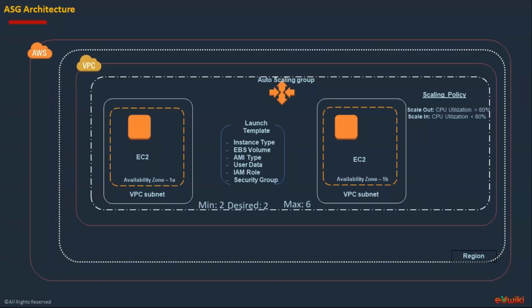AWS is already monitoring your CPU using the CloudWatch metric, and you define the CloudWatch alarm saying 80% is my cutoff. Then AWS will start looking at the CPU utilization of your server based on the interval that you define, 1 minute or 5 minutes, whatever.